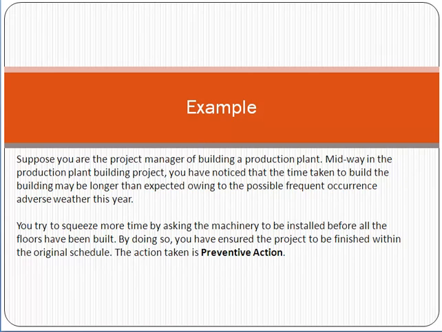So this is preventive action. For example, friend, you are implementing projects and you know at some point that there may be some delay in the schedule, so you try to squeeze this plan so that you can achieve the project timelines. So this is another example of preventive action.